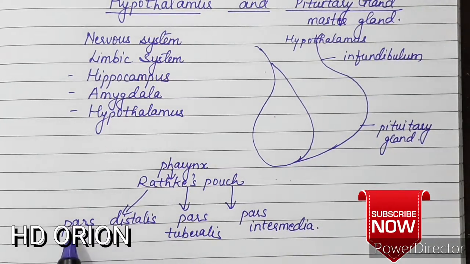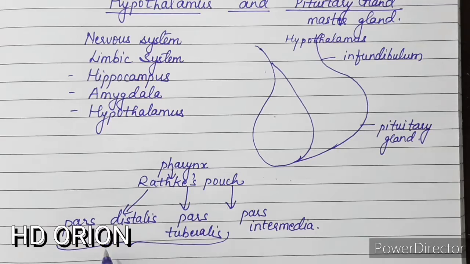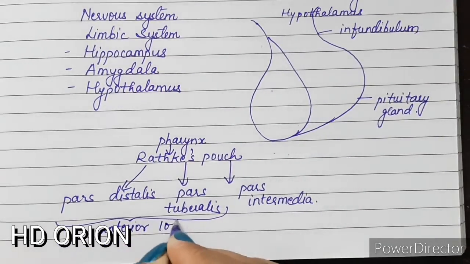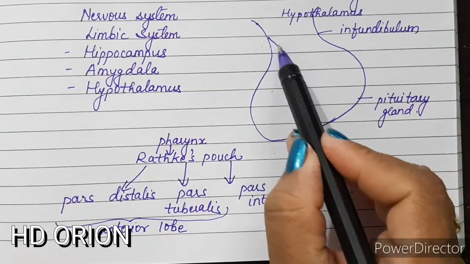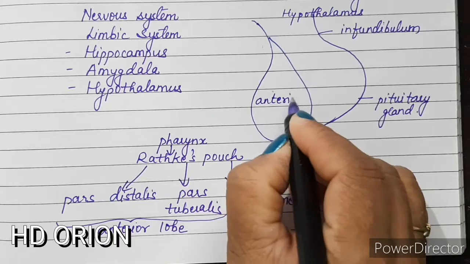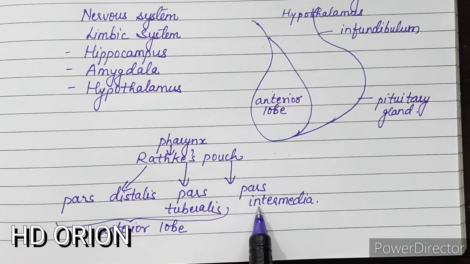So what happens is the pars distalis and pars tuberalis together form the anterior lobe of the pituitary. So what I have drawn over here is the anterior lobe of the pituitary. So this separates pars intermedia.